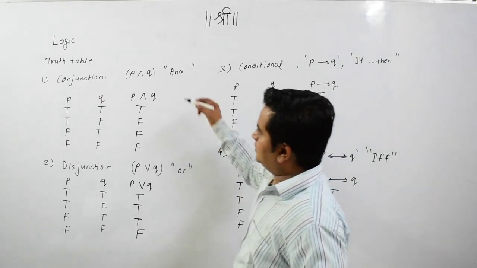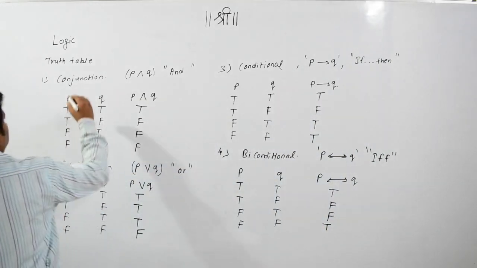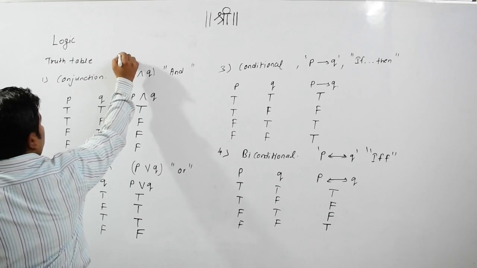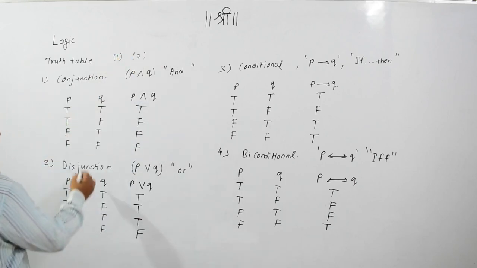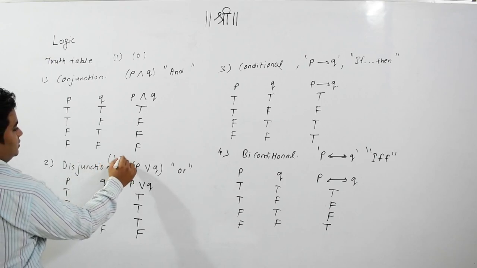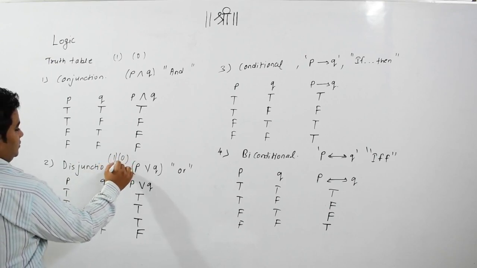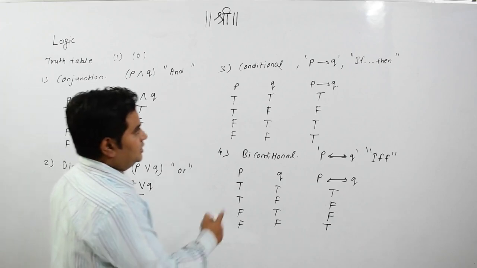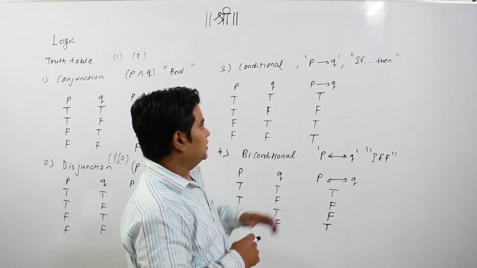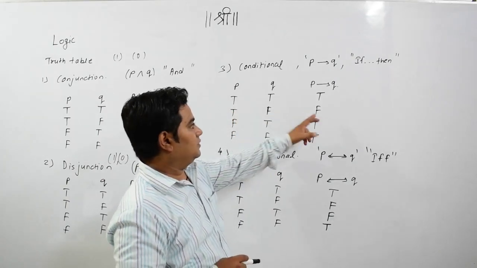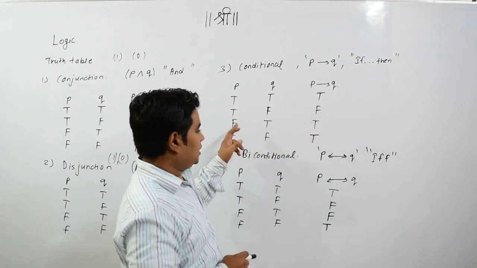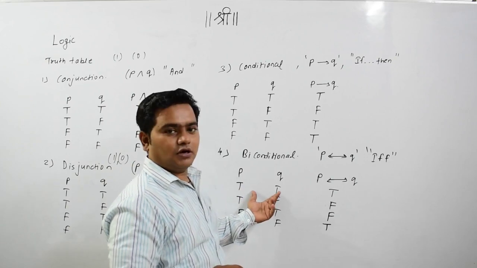So here it is 1 0. Remember like this. Again here 1 0. You can memorize it like this, and here you can use that example of study, pass, study, fail, false.